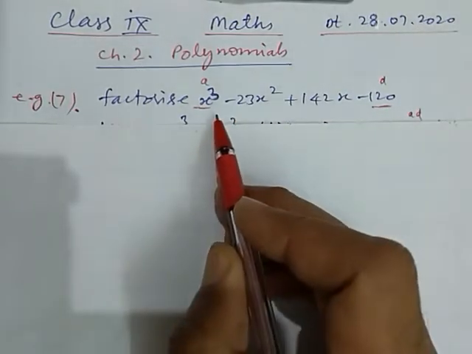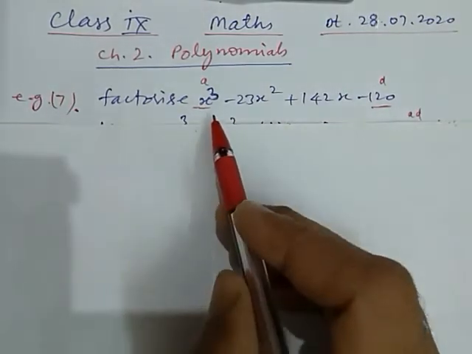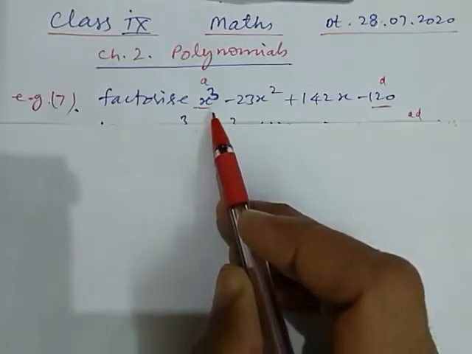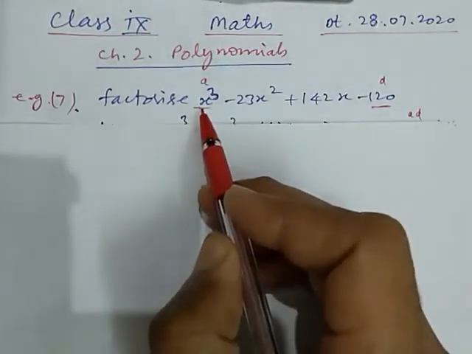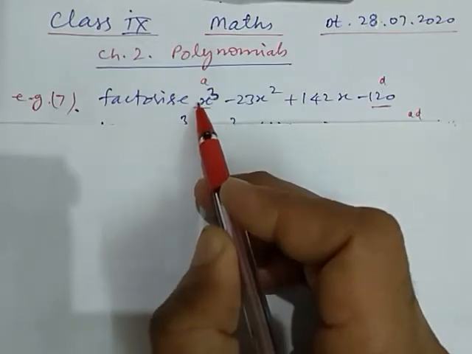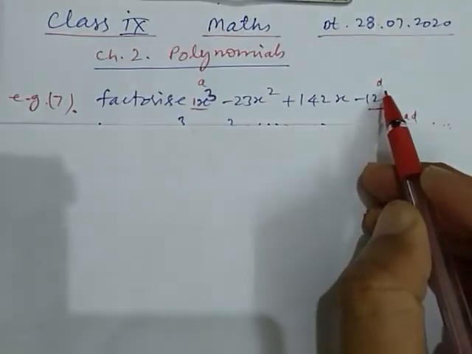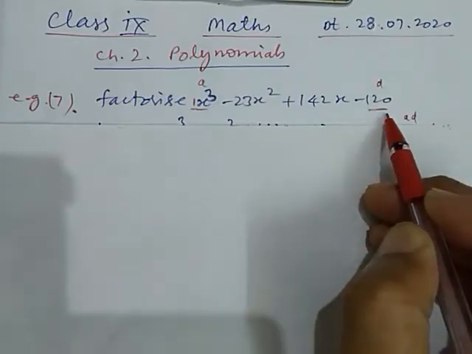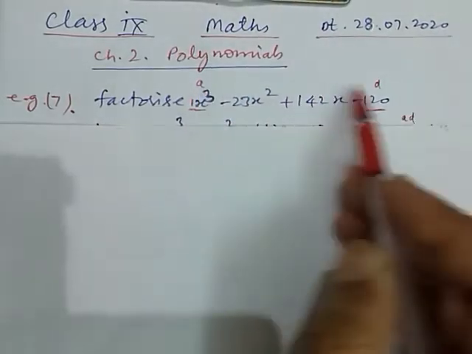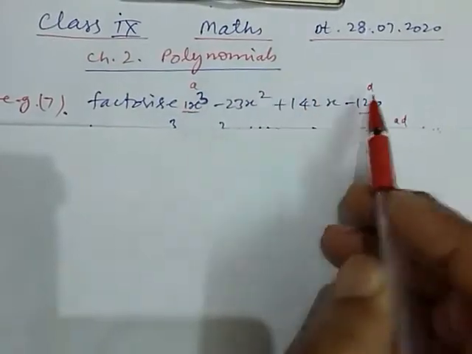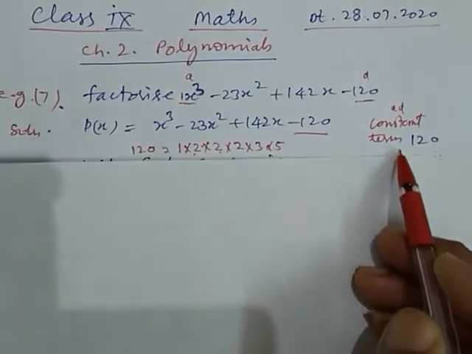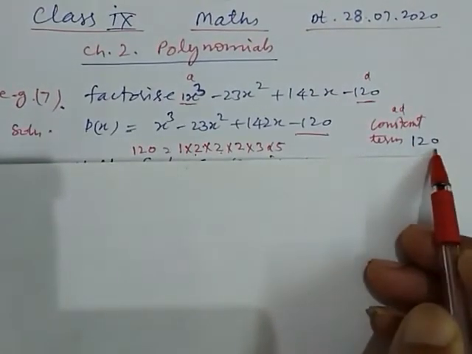So first we find the product of constants. Here the value of a is 1, and here the value of d is 120. So the product of these constants a and d, we get the constant term 120.